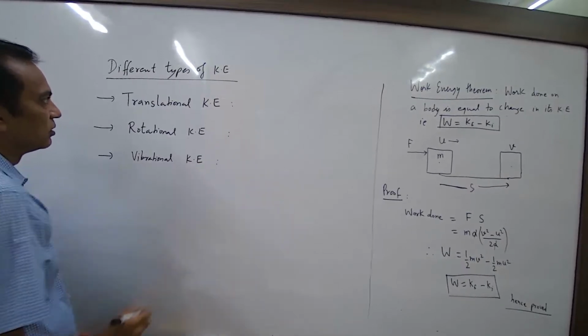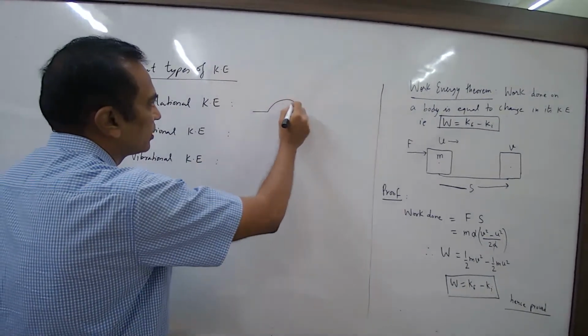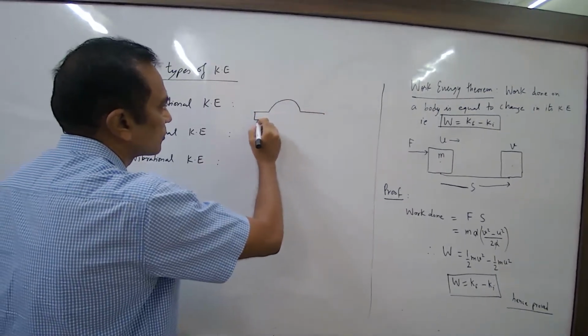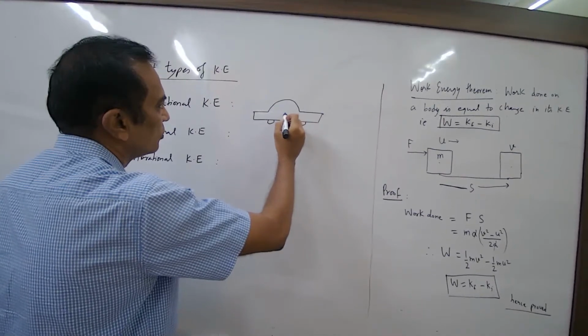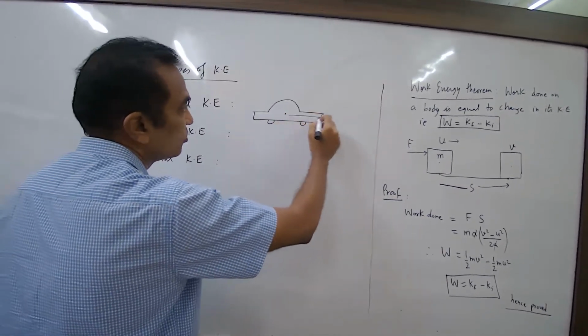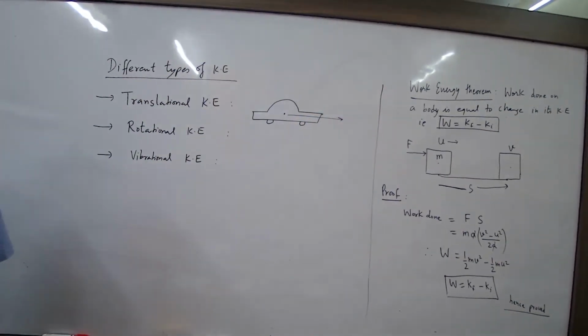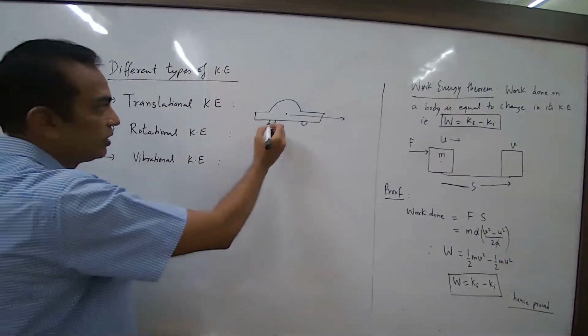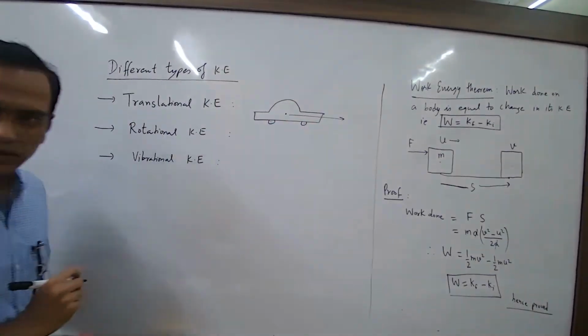Like if a car is moving, if you treat the car as a point object, then the car is moving in a straight line, so it has a translational kinetic energy. But what about its wheel? The wheel will have rotational kinetic energy.